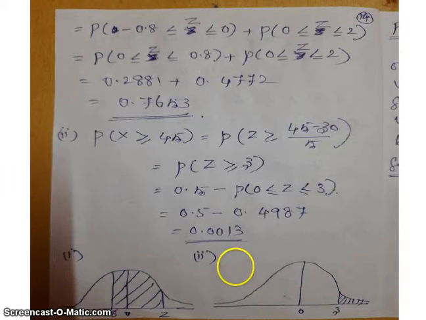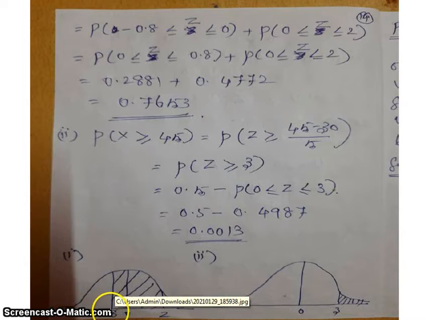So this is the normal diagram. You have to calculate the area between minus 0.8, where 0 is the mean, z equals 0. Minus 0.8 comes on the left side, the minus side, and plus 2 is here. So you have to calculate this total area.